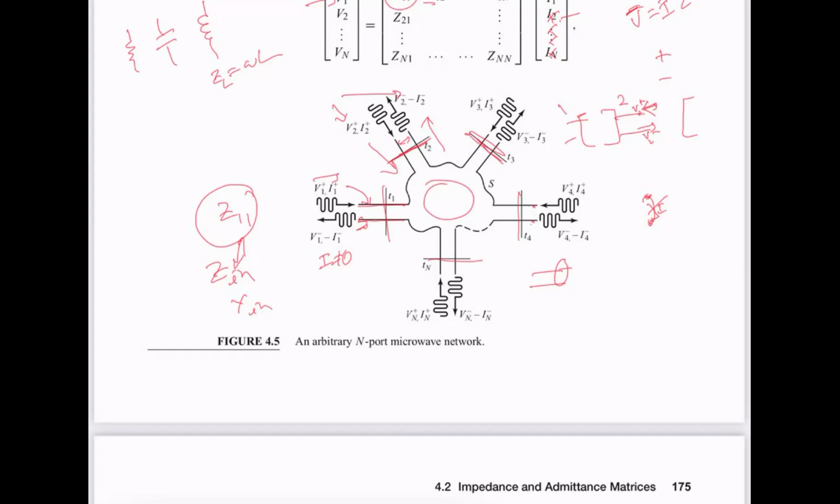Essentially for all practical situations, we'll only be dealing with those kind of networks where at the so-called ports you can define voltages and currents, or ingoing and outgoing voltage waves.